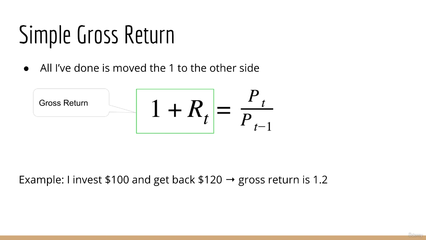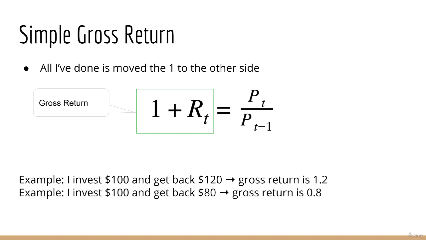That is, I got back 1.2 times what I originally put in. If my initial investment is $100 and I get back $80, then my gross return is 0.8. That is, I got back 0.8 times what I originally put in. And of course, if my investment doesn't change, then my gross return is just 1. It should be easy to see that this is exactly related to the net return, which we just discussed, and all I've done is added 1 to both sides.